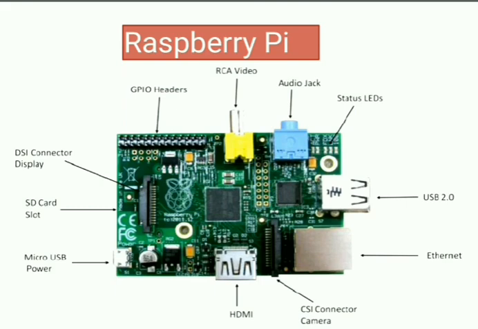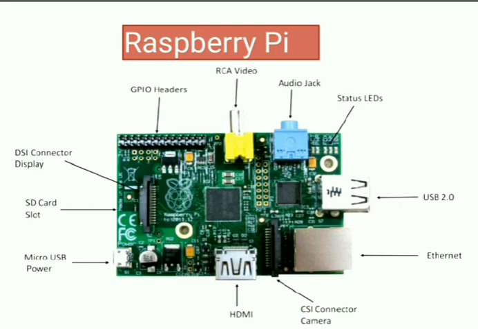Arch is an Arch Linux port for ARM devices. Fedora, RaspBMC, then OpenELEC, RISC OS. RISC OS is a very fast and compact operating system. So these are certain Linux systems that are supported by Raspberry Pi.